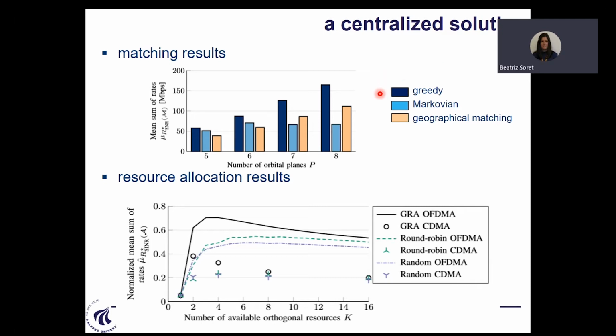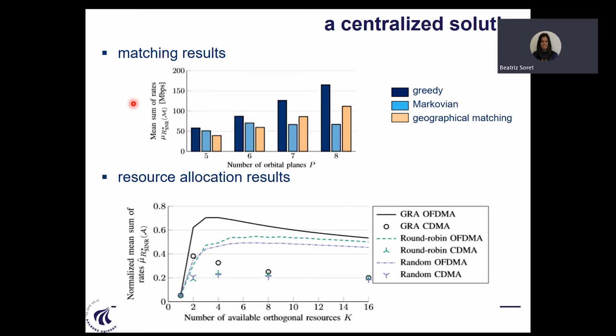So we have these two solutions, Greedy and Markovian, in this work, and then they are compared to this benchmark, which is a geographical matching from the literature. And in this figure, what I have is the mean sum of rates, and we can see that the Greedy is the one that is getting the best performance in this case.